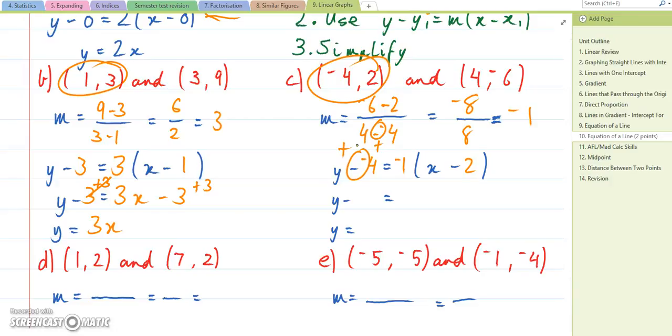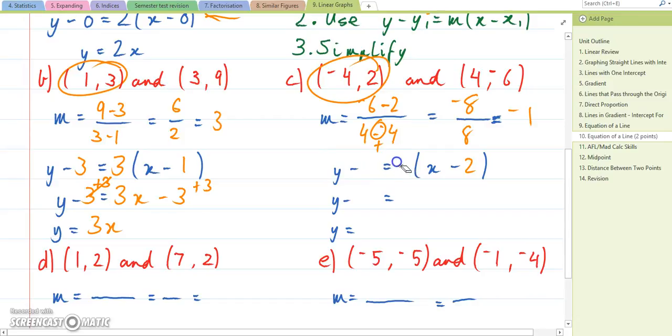I think I've done it the wrong way around, hold on a second. So x minus negative 4 here, and y minus 2, and negative 1 there. Expanding these brackets, this is of course a positive, so negative 1x minus 4. We can then add 2 to both sides, giving us negative x minus 2.